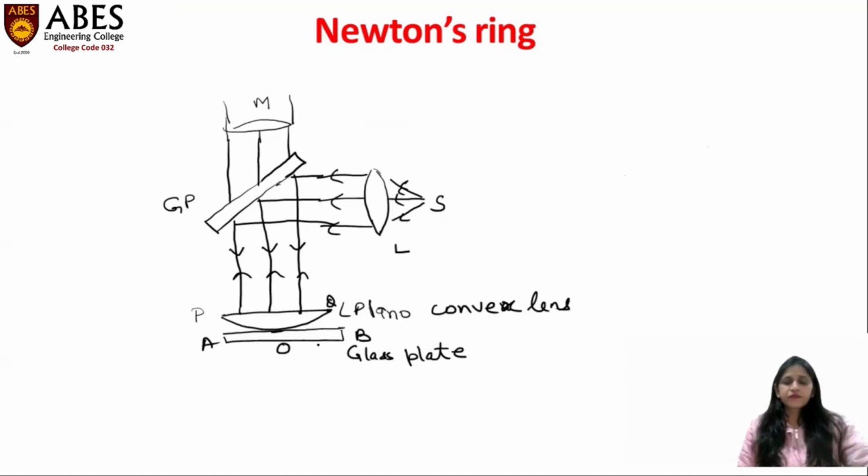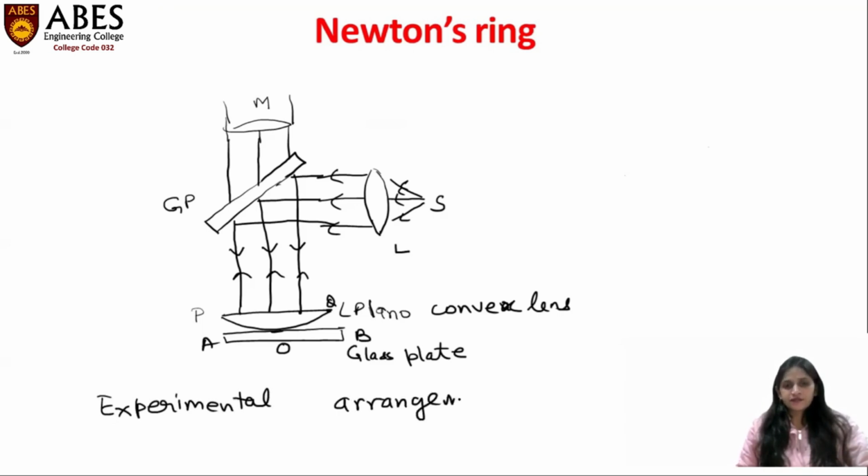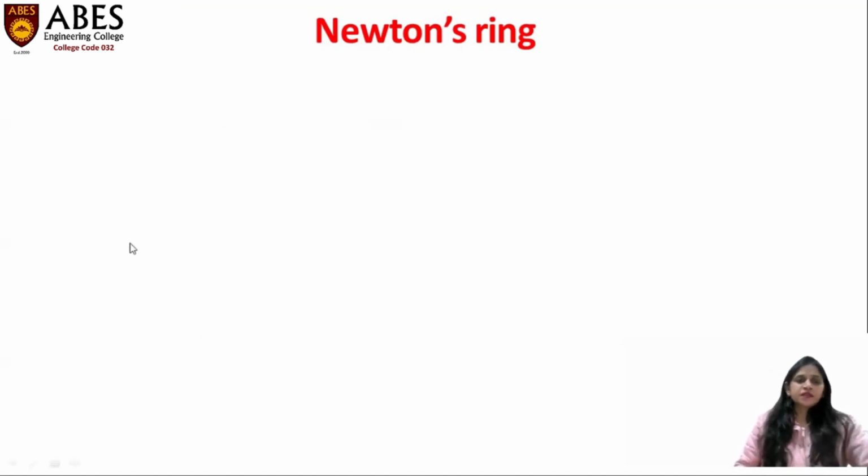This above diagram is showing the experimental arrangement. Now let us study the explanation of the formation of circular Newton's rings, or how Newton's rings are formed.